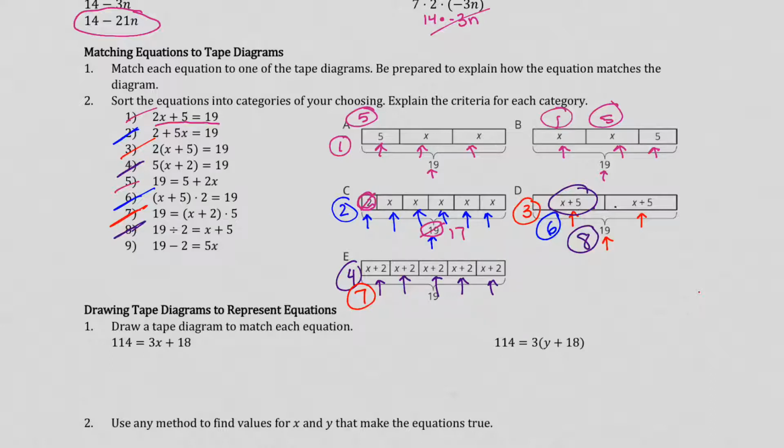Well, that would leave us with 5 x's. So 9 can go with this one as well. So that's just helping you to see how they go together. If we wanted to sort these, we could sort them into groups of ones using the distributive property and ones not using it. It's just one way.